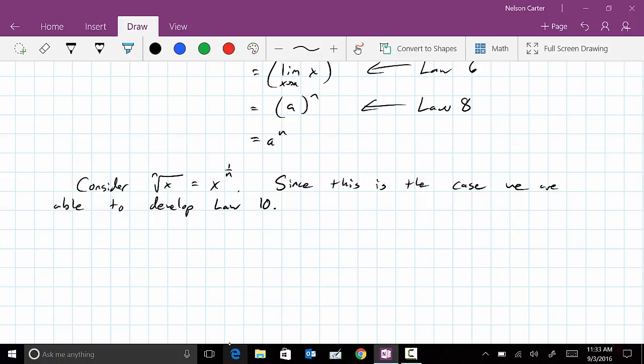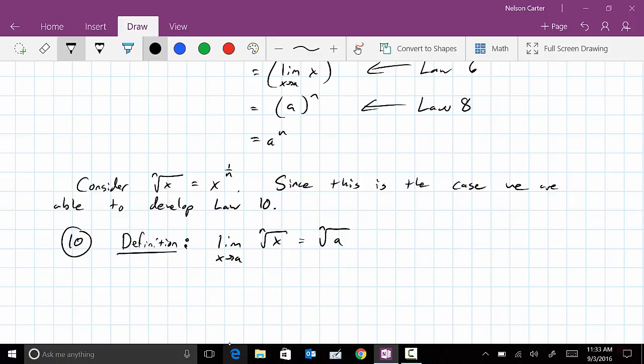There's proofs of these in your appendix in the back of your text. But the idea is this. It says that the limit as x approaches a of the nth root of x is equal to the nth root of a.